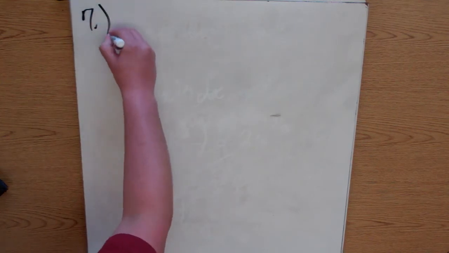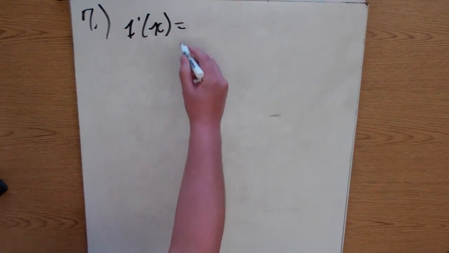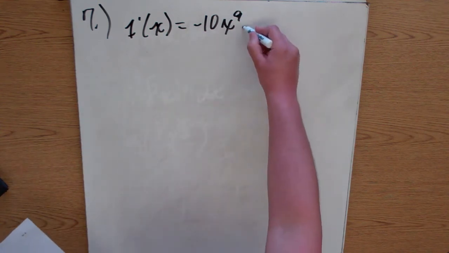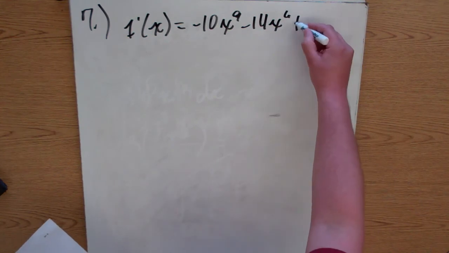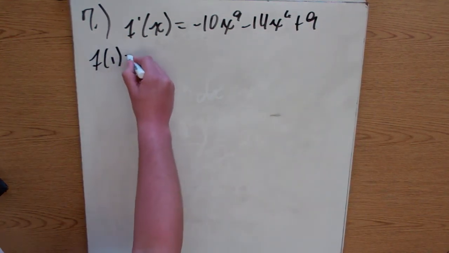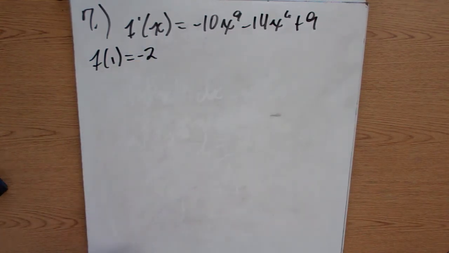Number 7. If f prime of x equals negative 10x to the 9th minus 14x to the 6th plus 9, and f of 1 equals negative 2, we want to find f of x.